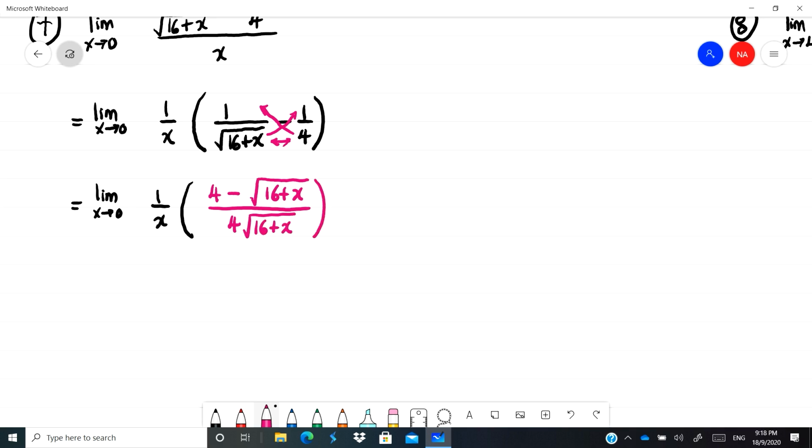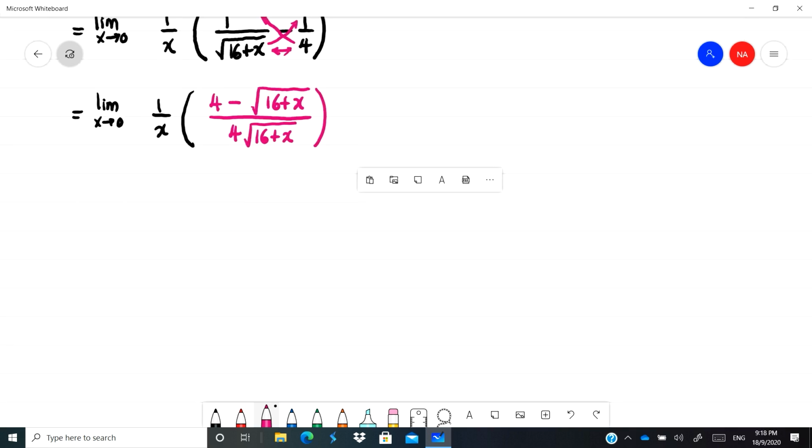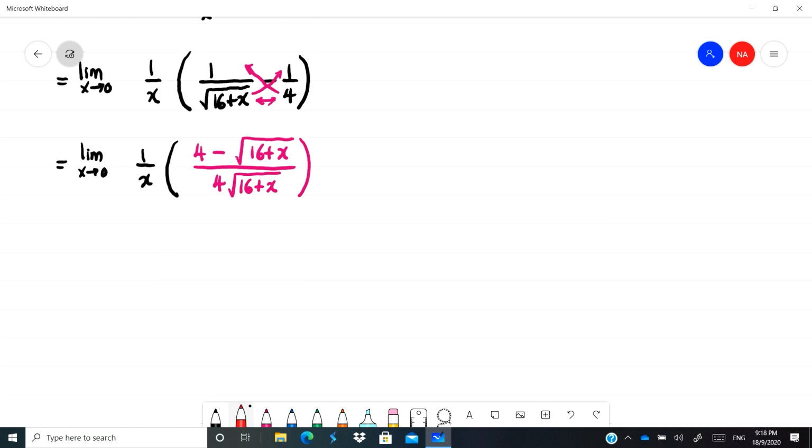Now you have to multiply with the conjugate of this part, which I'm going to highlight. The conjugate will be 4 plus the square root of 16 plus x, and the denominator should be written as the same thing, 4 plus the square root of 16 plus x.